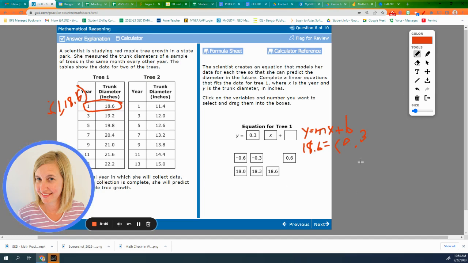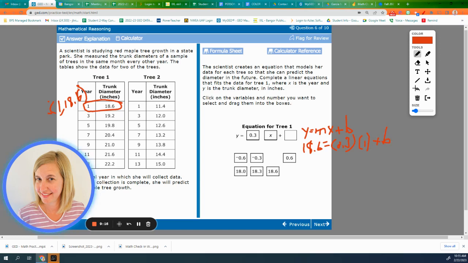Hold on, let's write that a little smaller so we can fit in parentheses 0.3. And then x is 1, and anything times 1 is itself, so that's going to make that calculation easy, plus b.